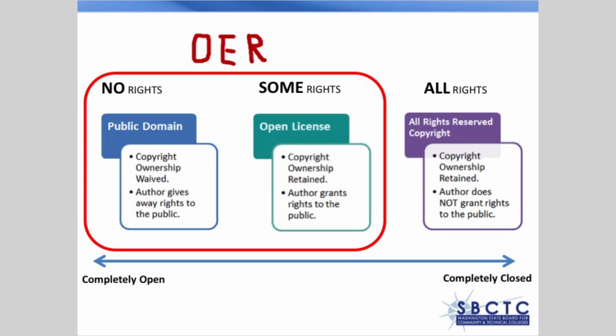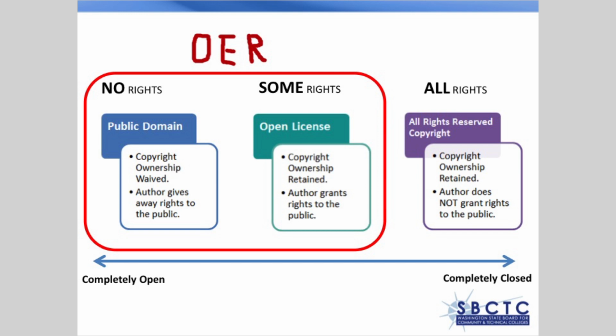So let me show you this infographic. All rights reserved means copyright ownership is still retained and the author does not grant rights to the public. No rights reserved means public domain, and copyright ownership is completely waived, so an author gives away rights to the public completely. But open license is about giving some rights to the public.